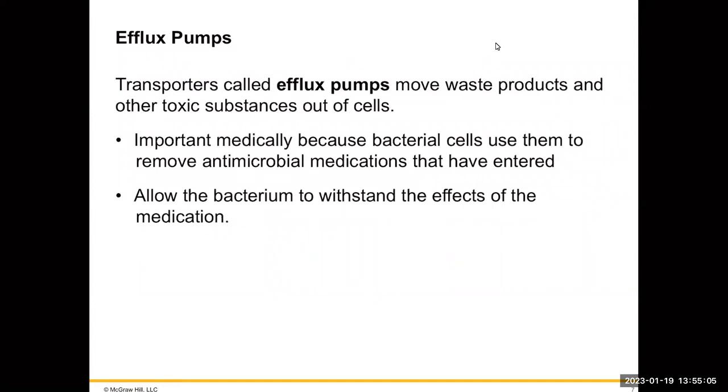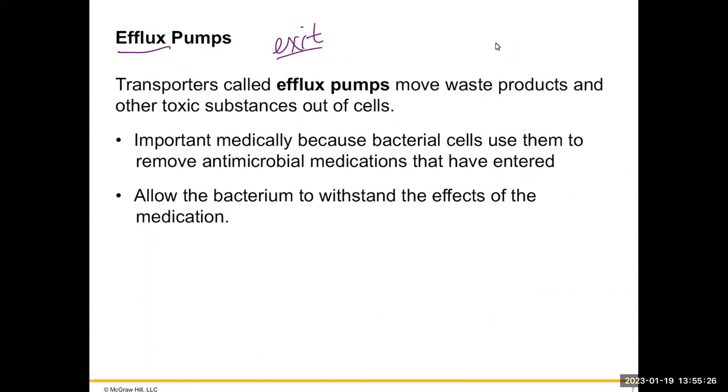Okay, now, efflux pumps, which in biology, we never call them efflux pumps, but efflux is kind of like exiting. Okay, so these are transport proteins that are going to move waste or toxic products out of the cells.